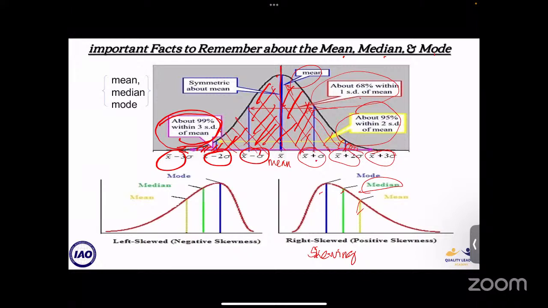For example, if the values are 2, 4, 6, 8, 10, the median is 2 and the mean might be 4. What about the negative skewing? The median is greater than the mean because it's going to the left.